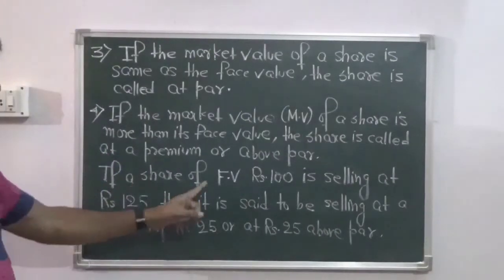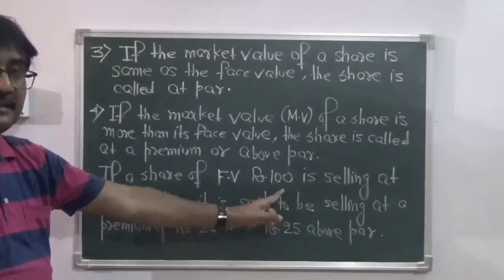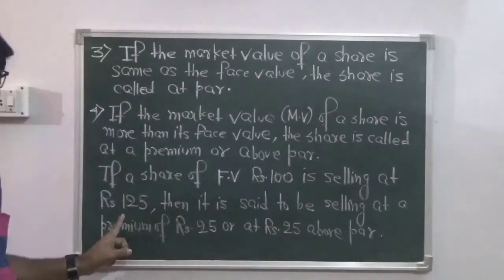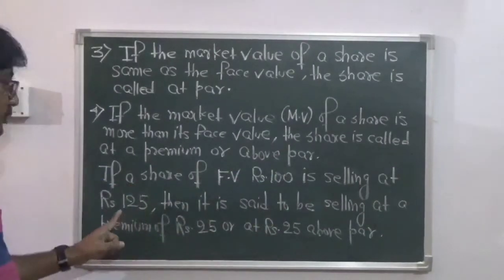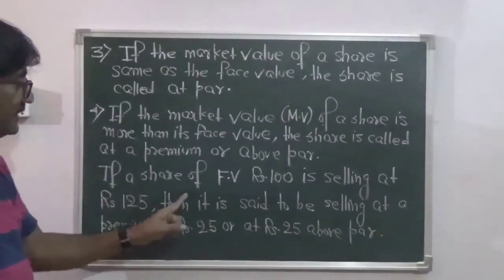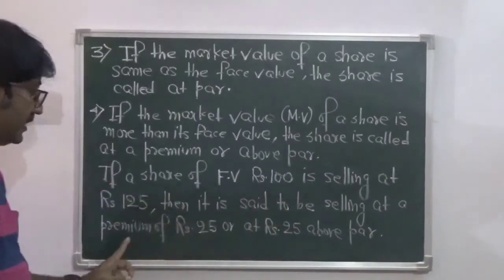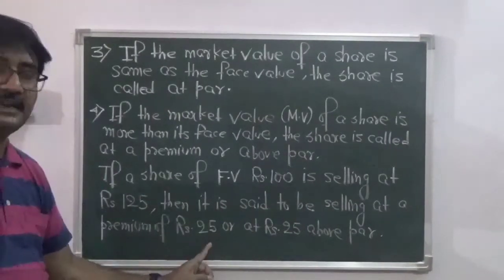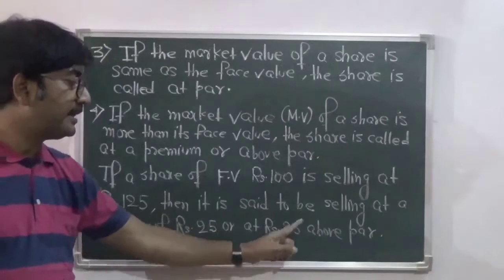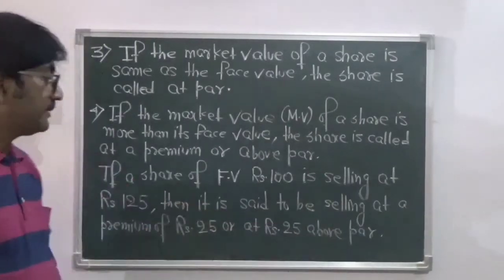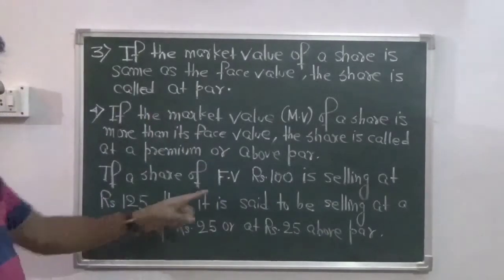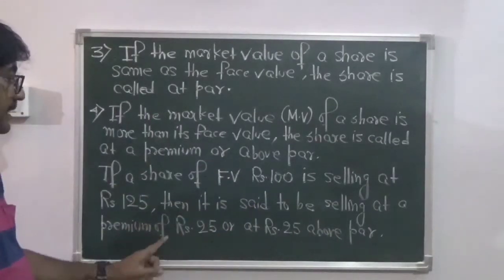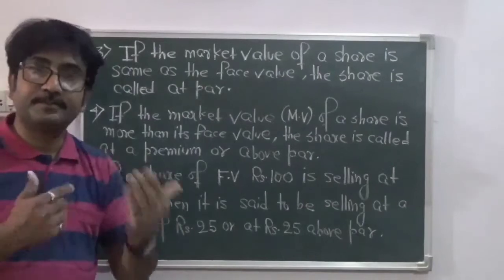So if a share of face value rupees 100 is selling at rupees 125, that means the face value is rupees 100 and the market value is rupees 125, then it is said to be selling at a premium of rupees 25 or at rupees 25 above par. So if the market value is more than the face value, we say that the share is being sold at a premium or it is above par.